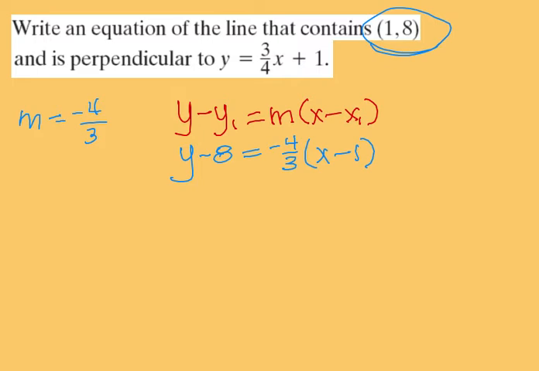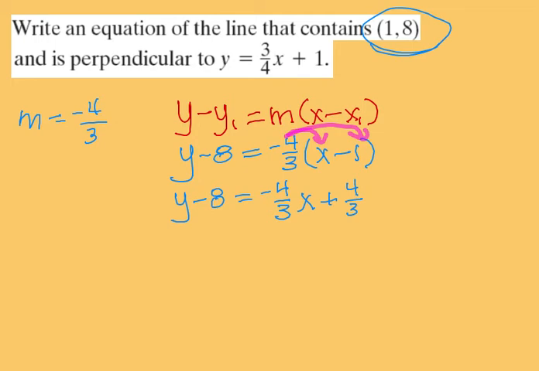To get that into slope-intercept form, I'm going to distribute negative 4/3. So y minus 8 equals negative 4/3 x. And then negative 4/3 times negative 1 would become a positive 4/3.